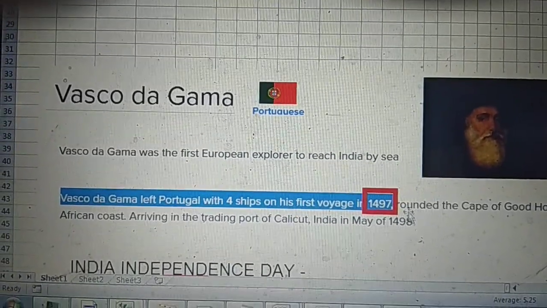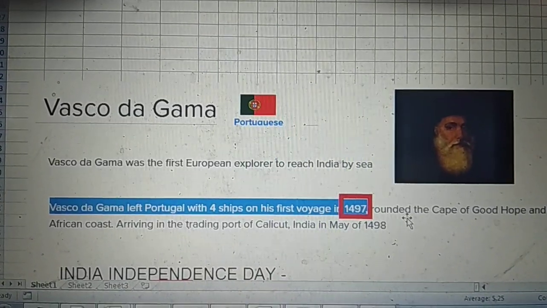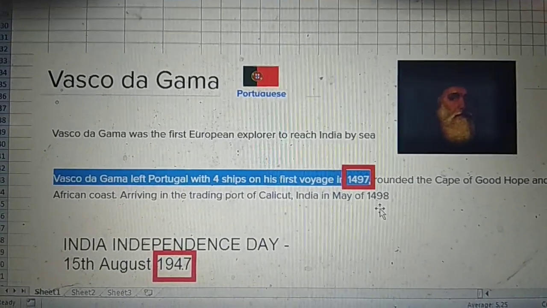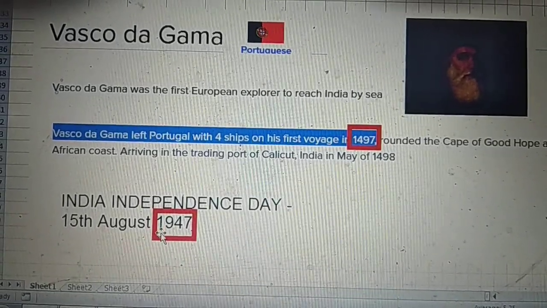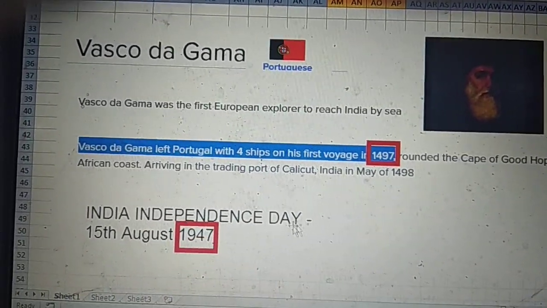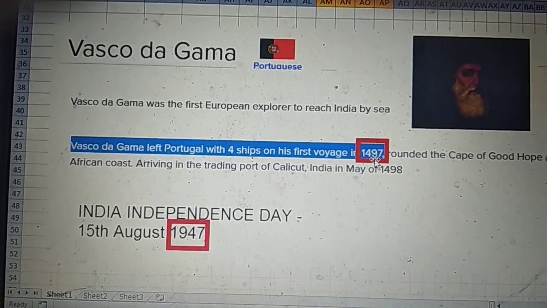Although it took a year for him to reach India via Africa. It's also an interesting fact that India got its independence in 1947. It's basically an interchange of these two numbers.